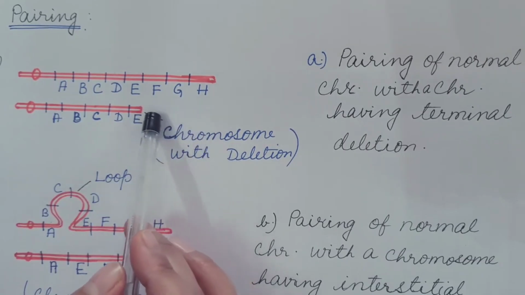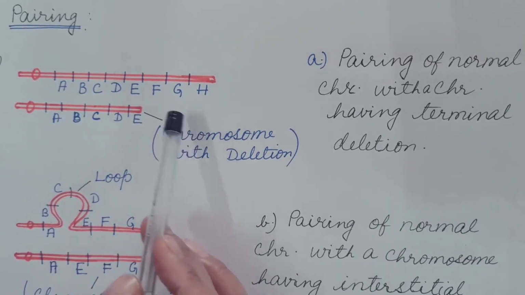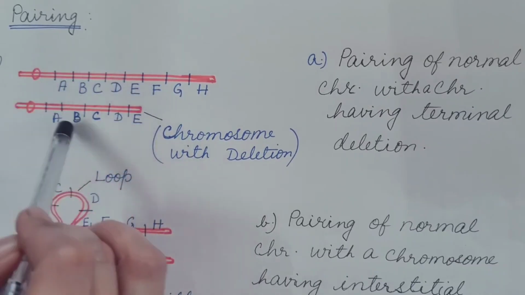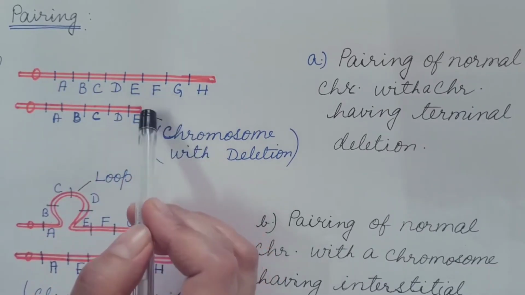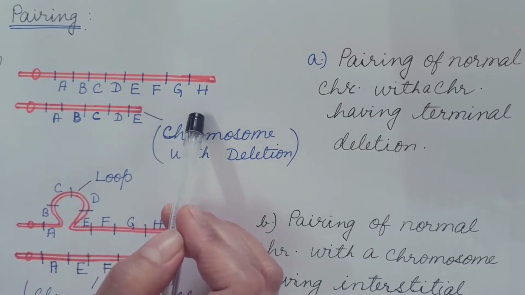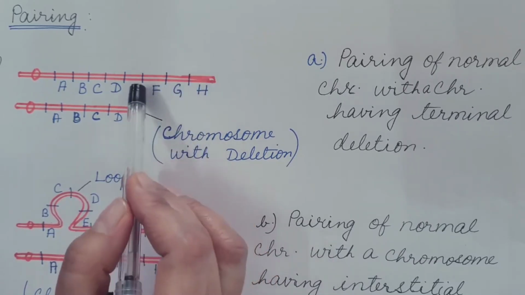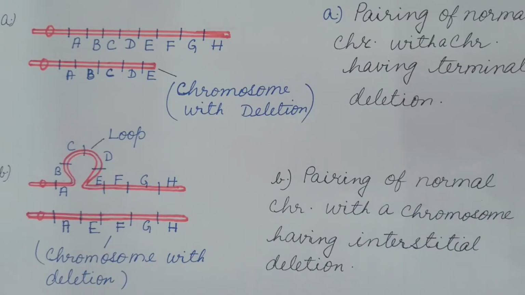Here its terminal end is deleted. So A to E pair normally, but F, G, H do not have their counterpart in the deleted homologue. Hence these remain unpaired.